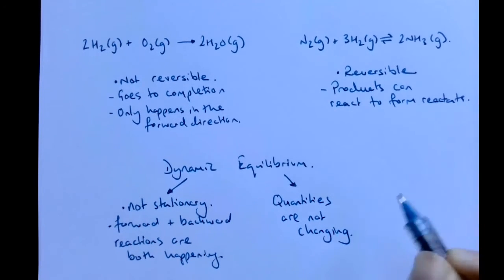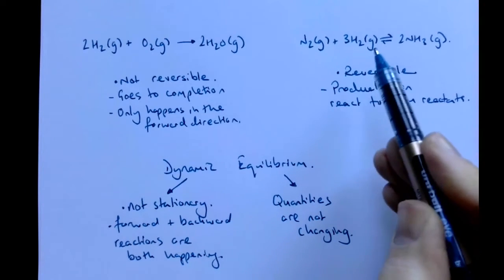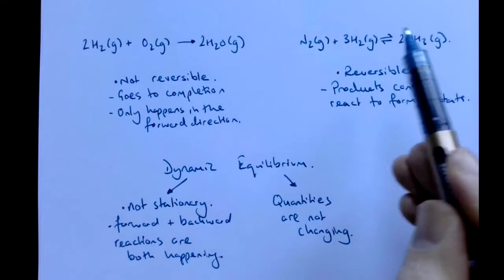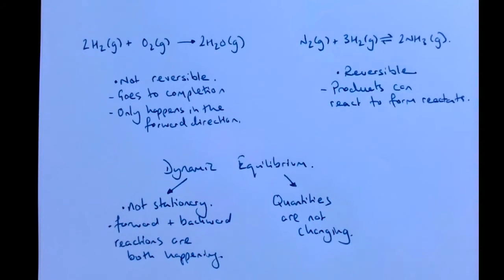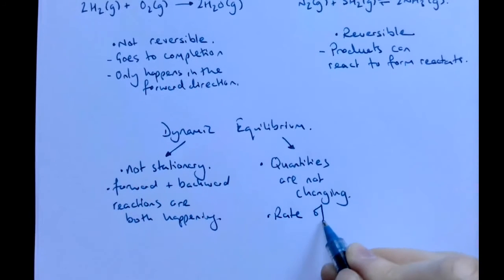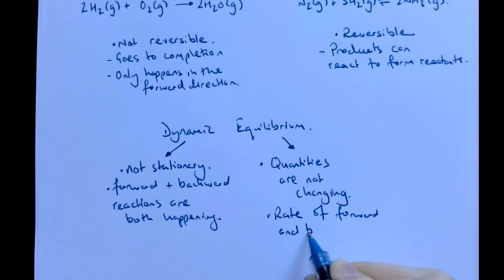Even though these reactions are both happening all the time, this is a dynamic situation, the quantities are not changing. And that's because at equilibrium, the rate of forward and backward reactions are equal.